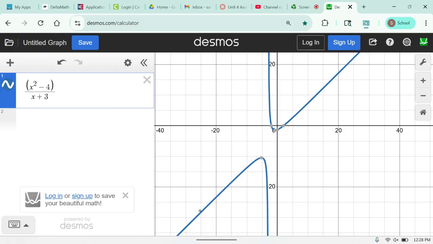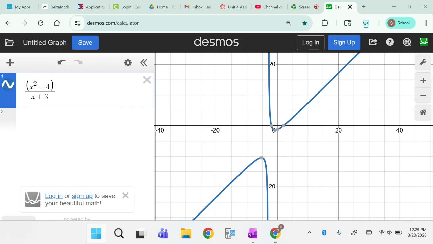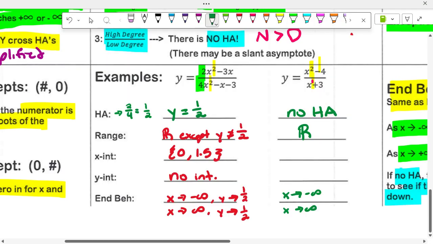So what direction is the leftmost tail going in? Is it going up or down? It's going down. So it's going to approach where? Negative infinity or positive infinity? Negative infinity. What about this tail? Is it going up or down? Up. So is it going to positive infinity or negative infinity? Positive. So as x approaches negative infinity, y approaches negative infinity. As x approaches positive infinity, y approaches positive infinity.